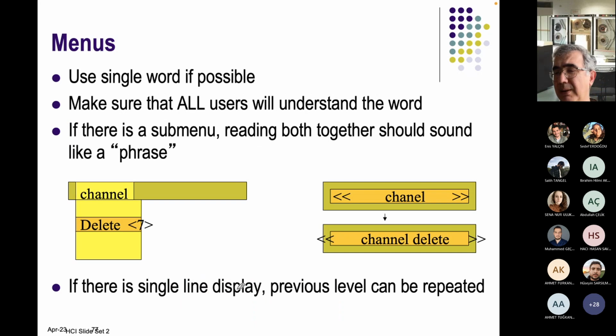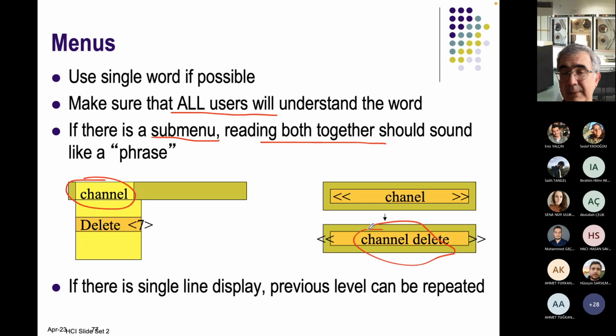Try to use a single word if possible. Make sure that all users understand the menu headings. If there is a submenu, reading both together should look like a phrase, like channel delete. If there is a single screen, this is good.